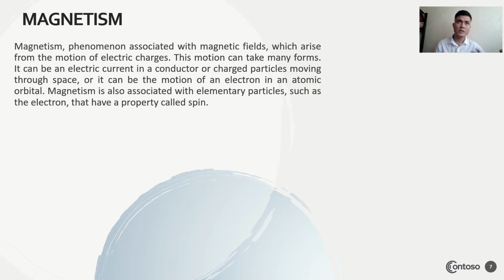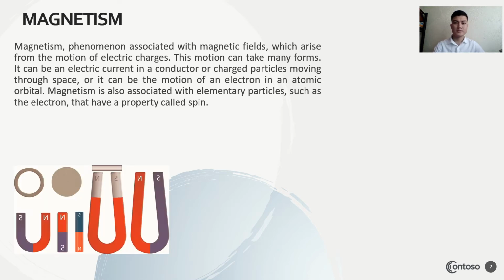So in short, magnetism is somewhat like a force, and this force is caused by the movement or the spin of the charges within the atom. So that is what we call magnetism. Again, it is the force created by the spin of charges within the atom. Think of it as a force.